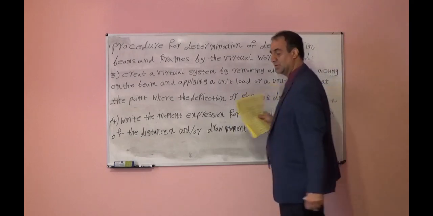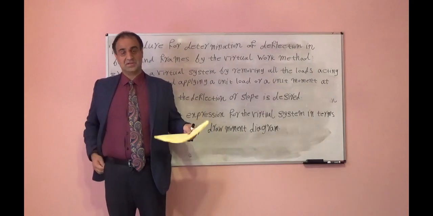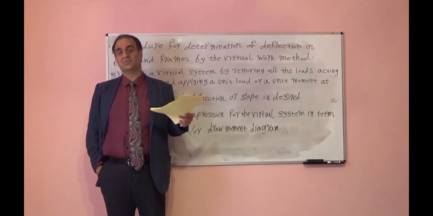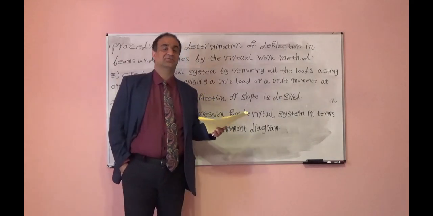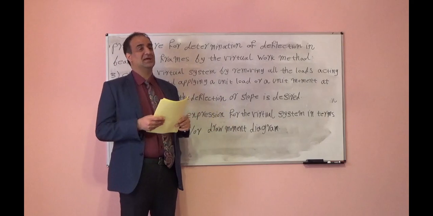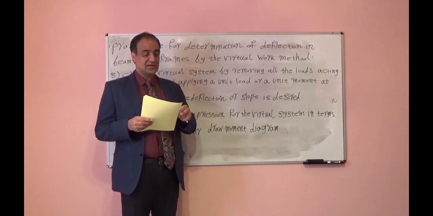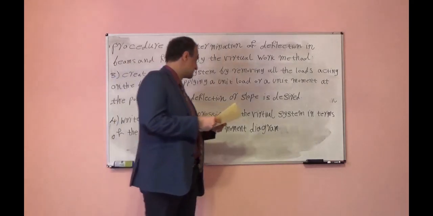What you can do, if you write expression, you will need integration. That sometimes can take long time. But if you draw moment diagram, you can use the virtual work method integration table. If you use those tables, you can finish calculation much faster.